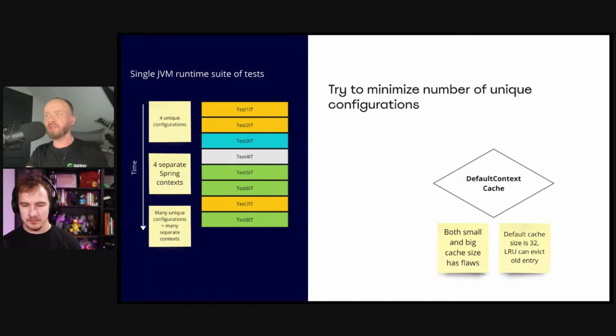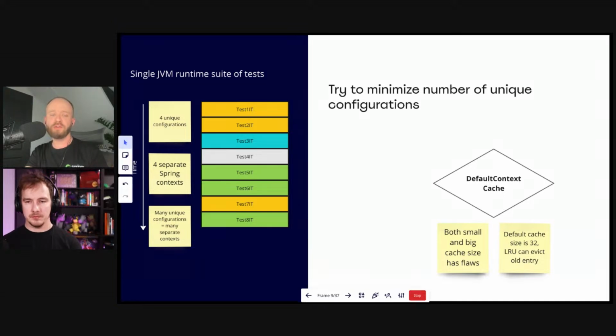So the more unique configurations you have, the more independent Spring contexts you will have. And all those configurations as a key match a Spring context, and we use the default context cache for this.